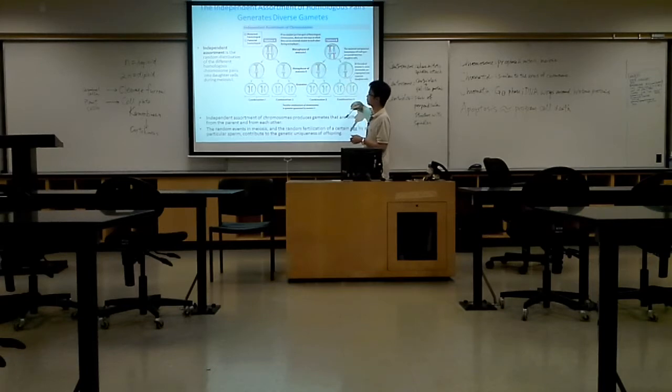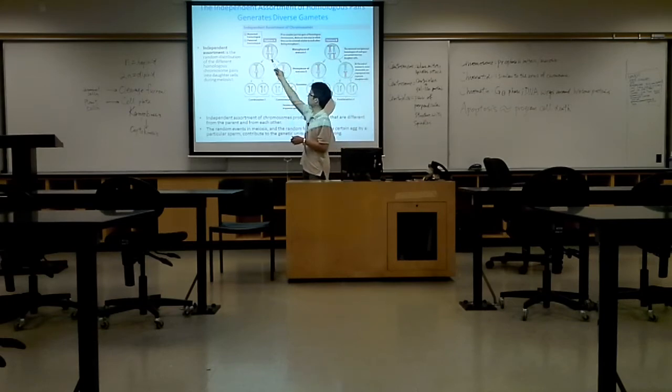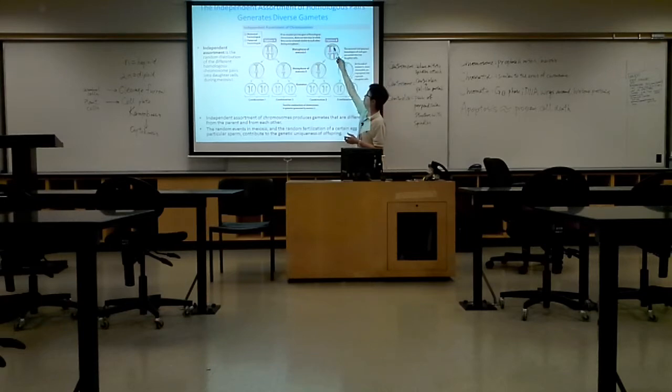After telophase 1, during metaphase 2, the chromatids will be split. As you can see, if the cell arranges the chromosomes like this, then you will have these 4 combinations. But because you can arrange the chromosomes in a different way, by the end of telophase 2, at the end of meiosis, you can have 4 different cells.